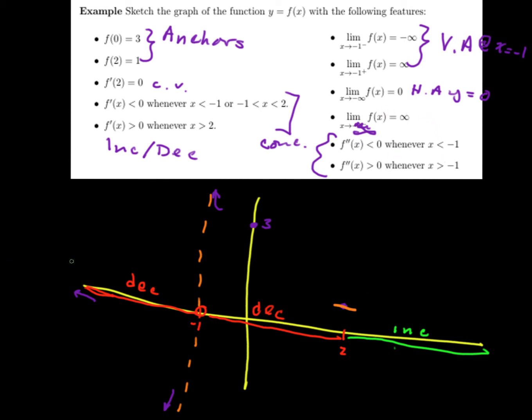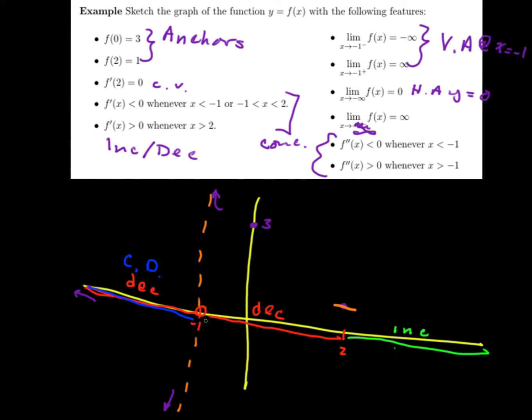And then the last little bit I could put in here is about concavity. So I know that for x less than -1, it's concave down. So all the way throughout here, it's going to be concave down. But then after that, as we go to the right, it's going to be concave up.